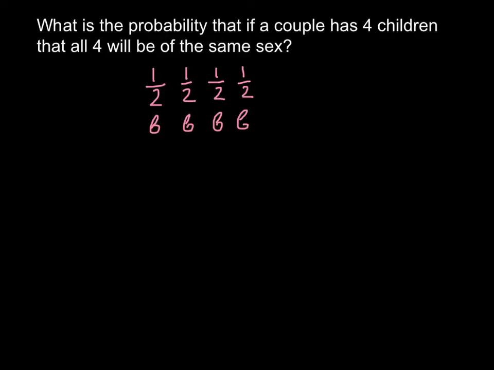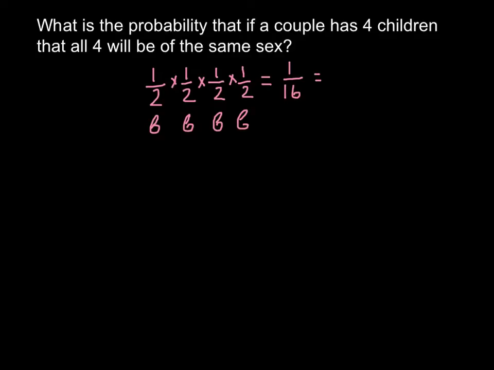In order to calculate this probability, we have to multiply all these independent probabilities, and what we are going to get here is 1/16.